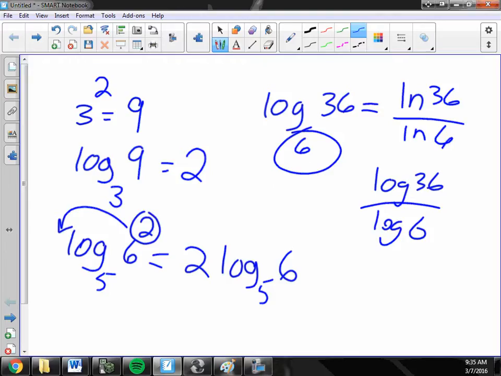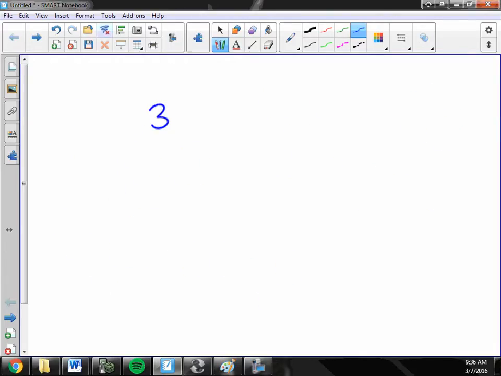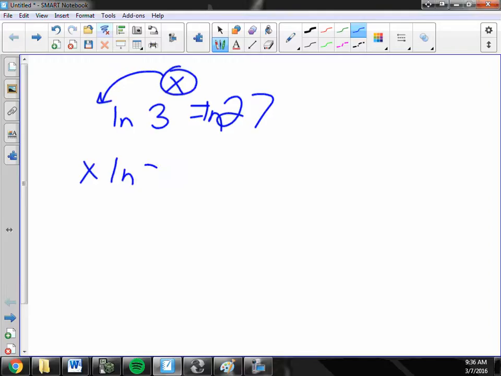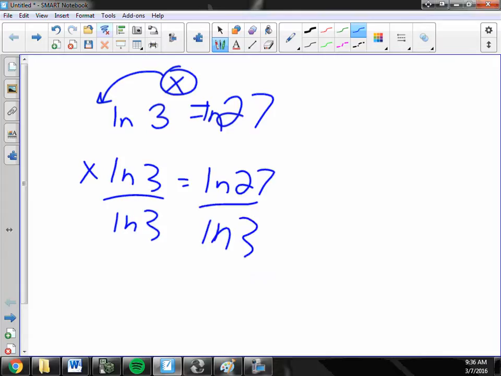And that is actually the whole reason we study logarithms, because you can turn an exponential problem into a multiplication problem. So if you have 3 to the x equals 27, you can ln both sides, and then you use the power rule to drop that. x ln 3 equals the ln 27, and then you divide by ln 3. Whereas before, you'd have to guess what that number was, which is kind of a mess.